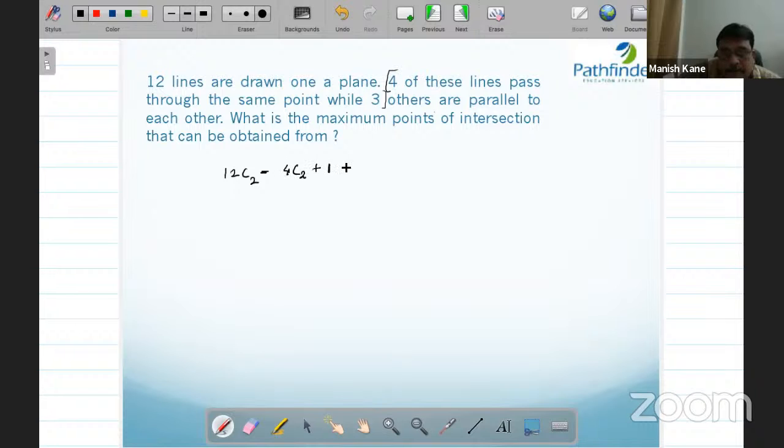There's only one point of intersection. But there are 3 others which are parallel also. So there is no point of intersection from parallel lines. So you will have to subtract 3C2 also. So 12C2 minus 4C2 minus 3C2 plus 1. 12C2 is 66 minus 6 plus 1 minus 3. So you get 58 as your answer.